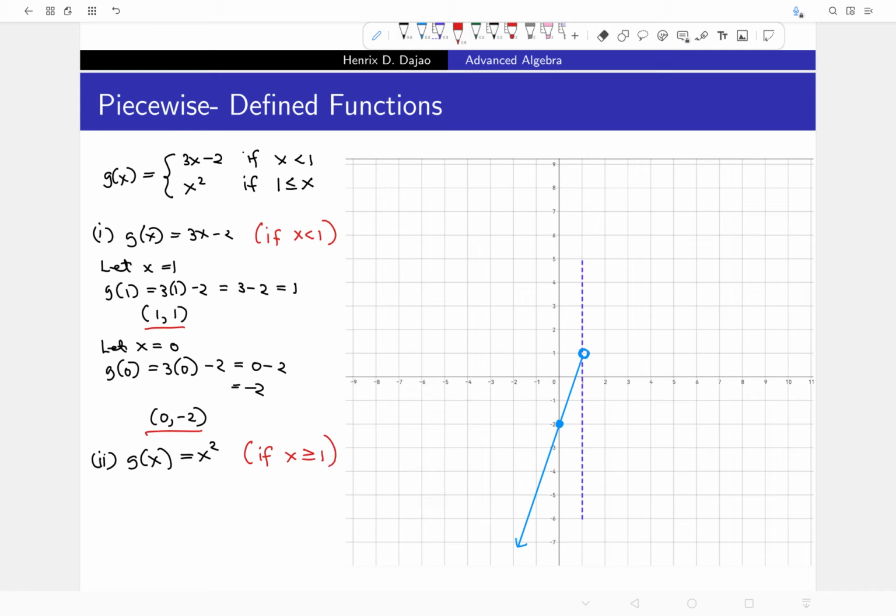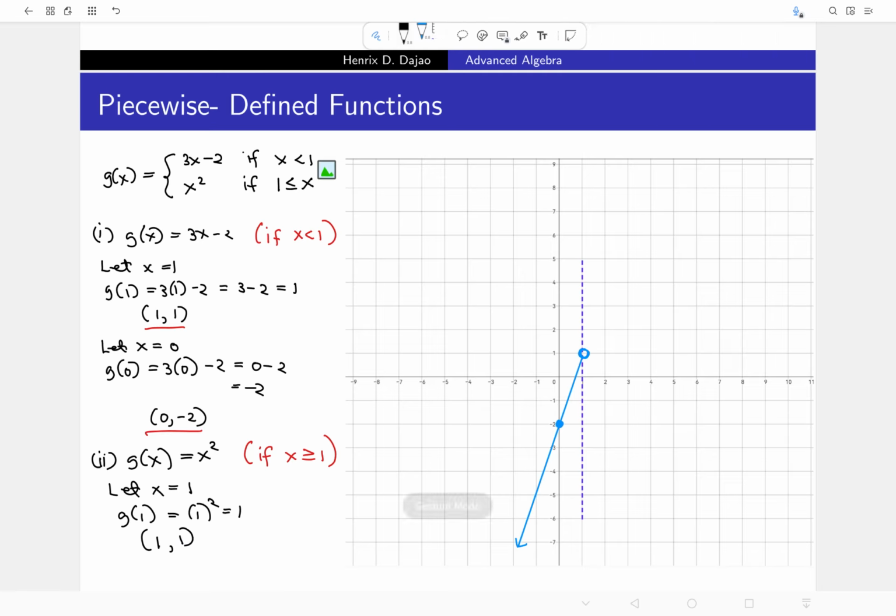So I let x be equal to 1. Of course we have to substitute. So that's 1 squared, so 1. So if x is 1, g of x is also 1.